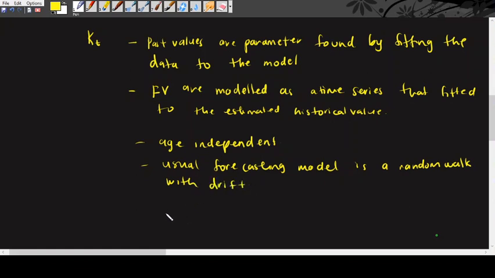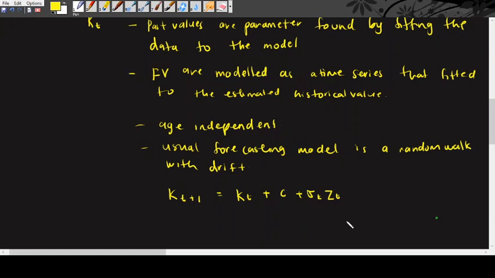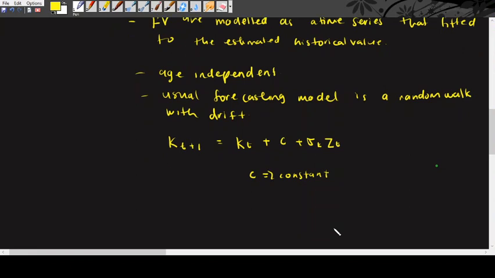For the random walk with a drift, we have kt plus 1 equals kt plus c plus sigma k zt. This is the random walk with the drift, where c is a constant, and sigma k is the standard deviation of the annual change in kt.